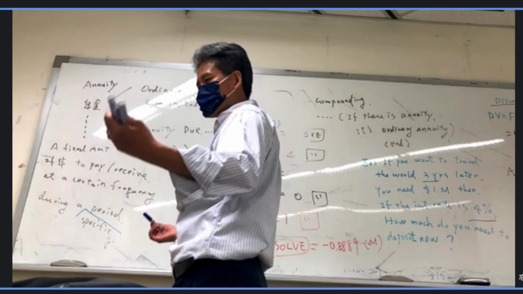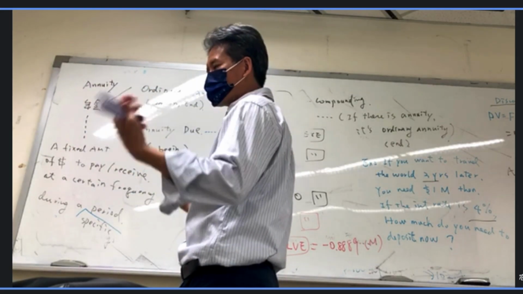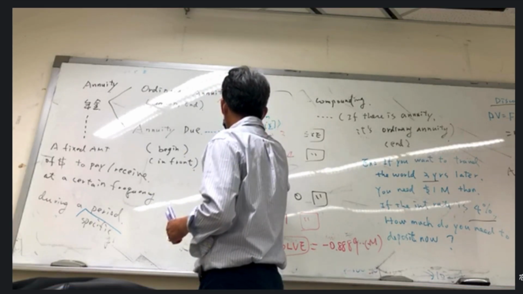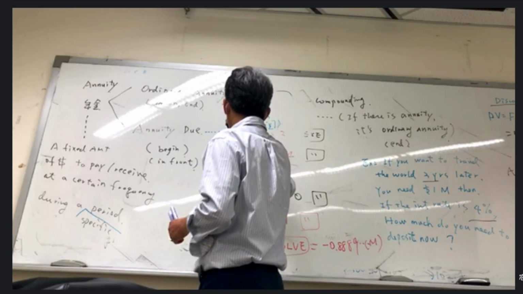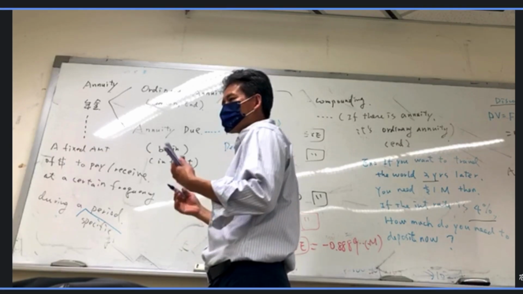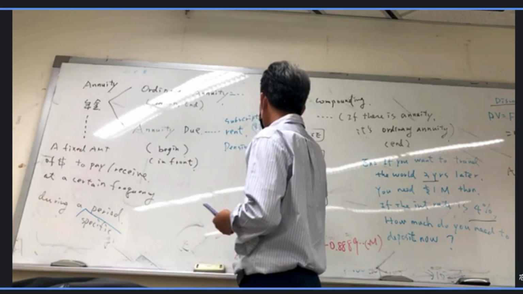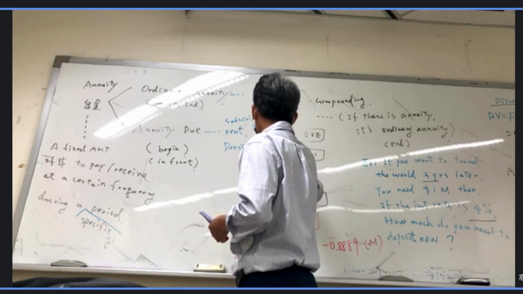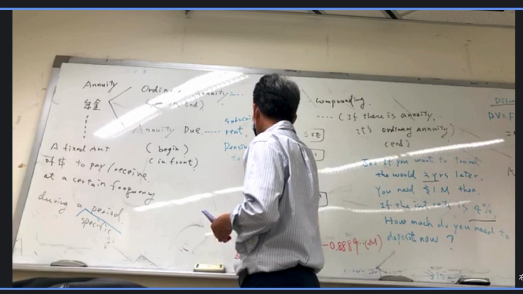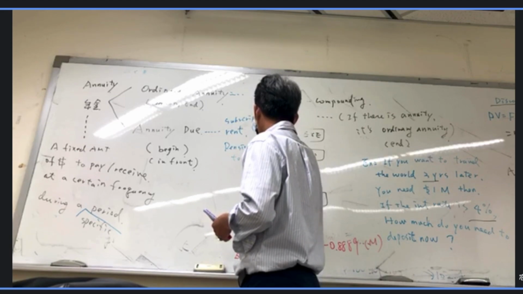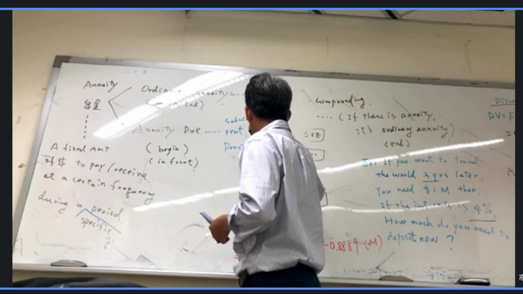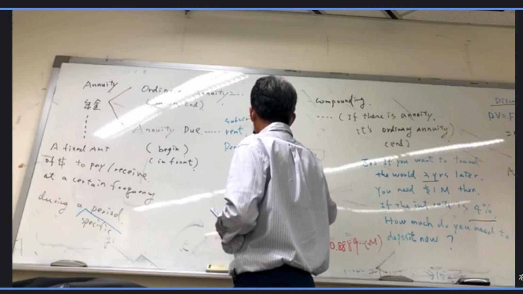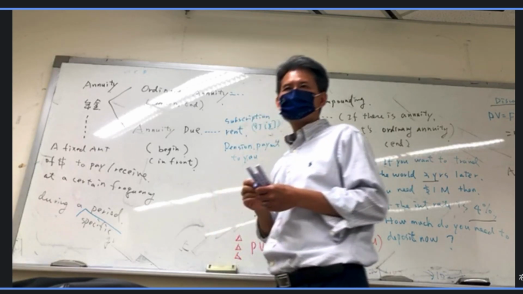Yeah, I mean the pension payment to you after you retire. You have to pay in front, and at the end, at maturity, you receive. Yeah, after you retire, they give you money, the pension. Payment to you. Now you are paying. So it should be in front, right? Any others?